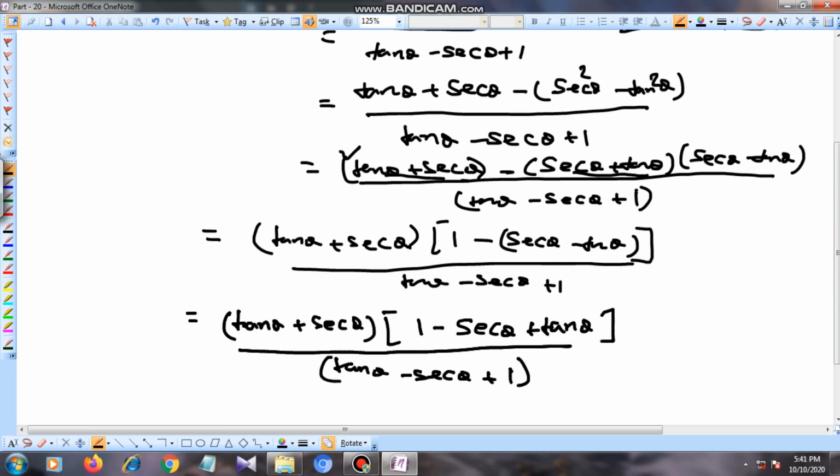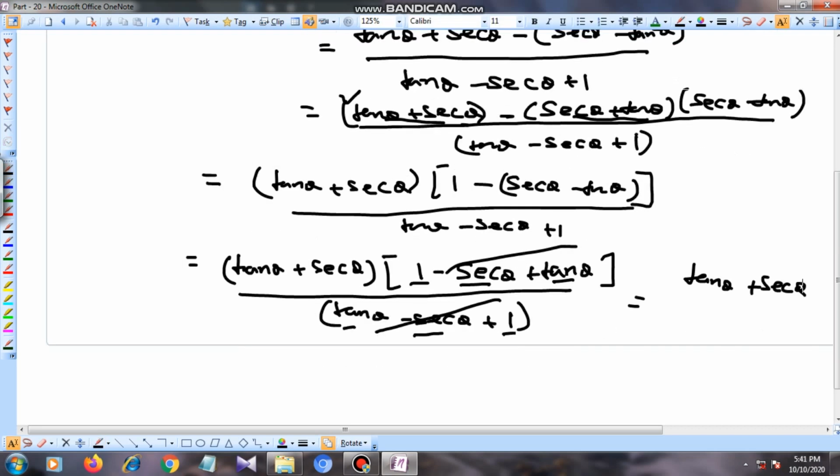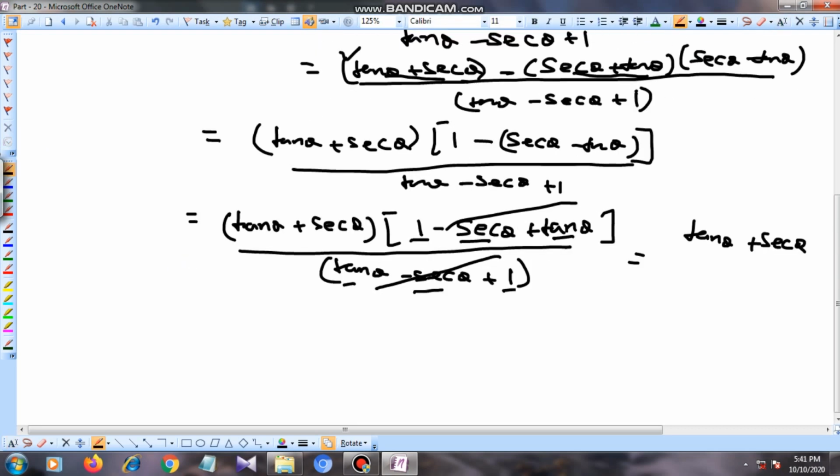Now we can see this one is positive, and in the denominator this is also positive. Sec theta is negative here and tan theta is positive in both, meaning this quantity and this quantity are the same, so they cancel each other, and the rest is tan theta plus sec theta, right? Now we convert these two functions into sine and cos functions.